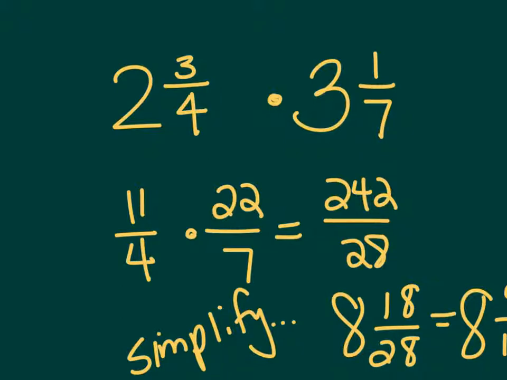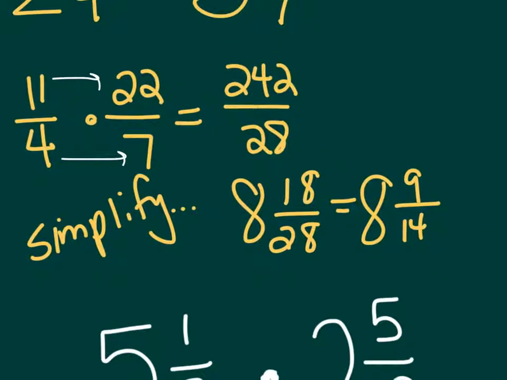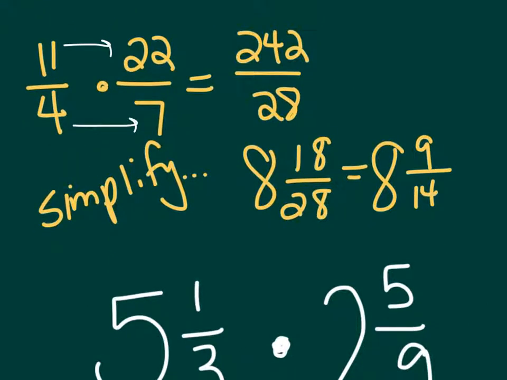So I'm going to go ahead and multiply across. 11 times 22 is going to give me 242, and 4 times 7 gives me 28. So then the last thing I have to do is change that improper fraction to a mixed number by dividing 242 by 28. So when I get that, I end up with 8 and 18/28, or 8 and 9/14 as a simplified answer.